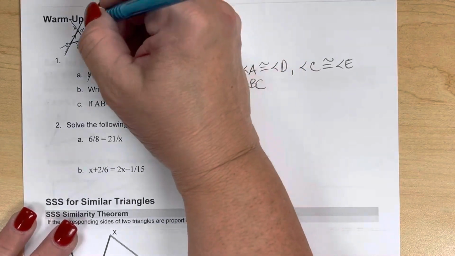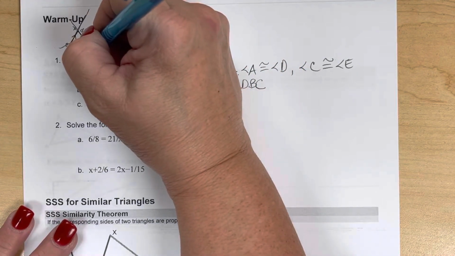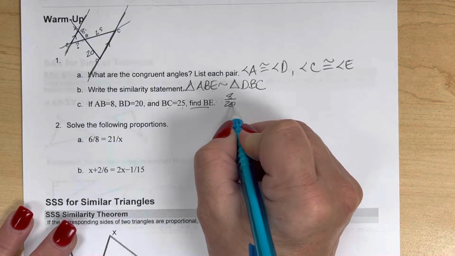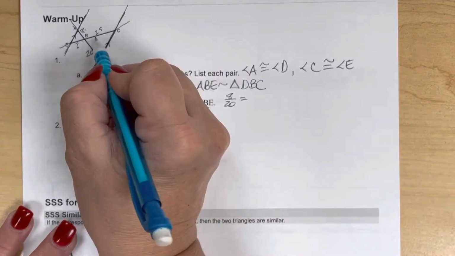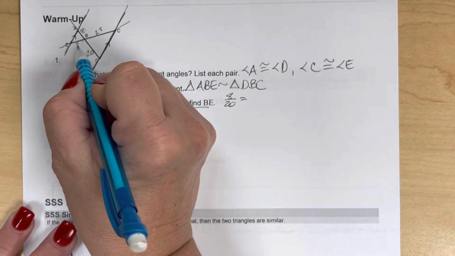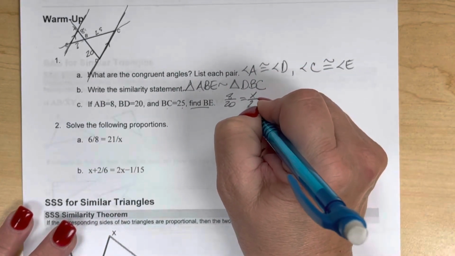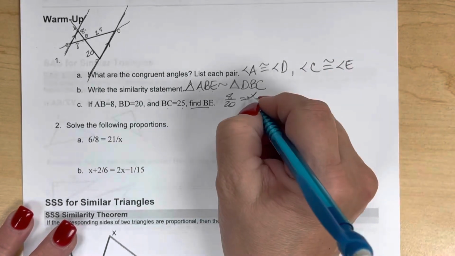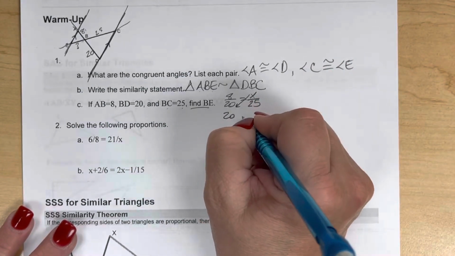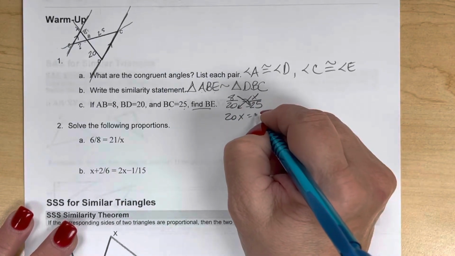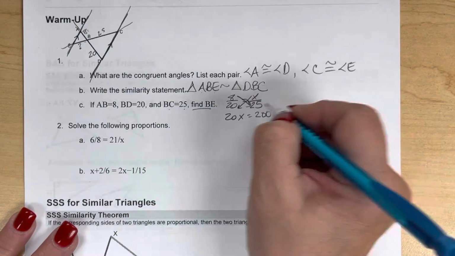So what I'm going to do is put 8 over 20, and I'm going to put that equal to x, which is my question mark, over 25. Cross multiply, you get 20x equals 8 times 25, which is 200.